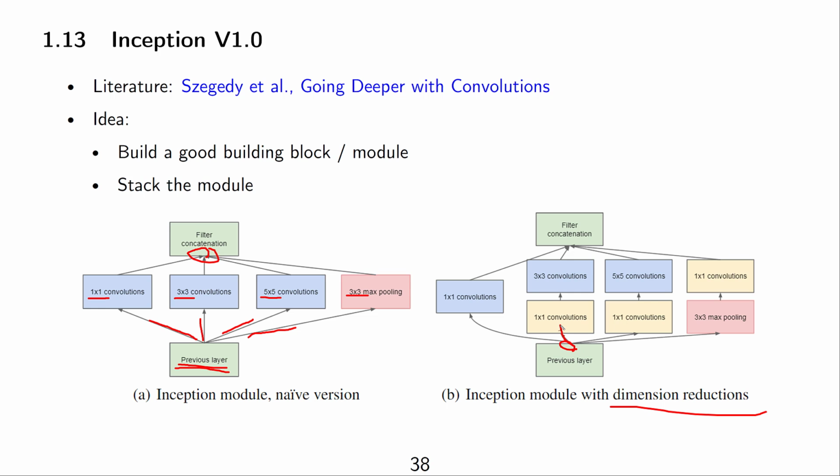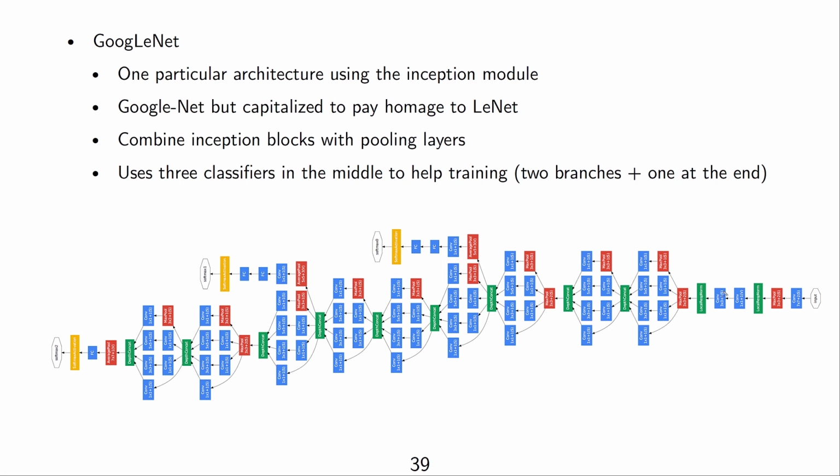So in this branch, we first go through a 1 by 1 convolution to reduce the number of channels and then go into the 3 by 3 convolution. Same thing here, the tensor goes through a different 1 by 1 convolution and then goes into this 5 by 5 convolution. Some detail here is that this 1 by 1 convolution in this branch is performed after the pooling and not before.